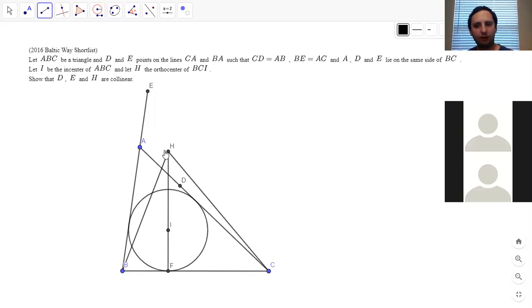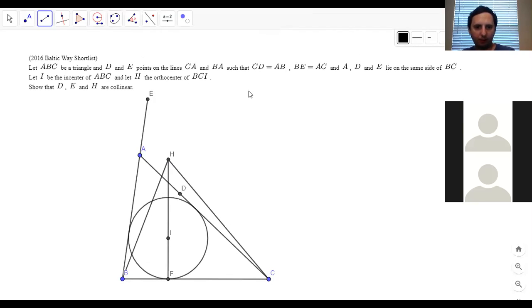So let's see. What's a good way to do this? Could we use the reflection of the orthocenter? So does DE pass through some other nice point?